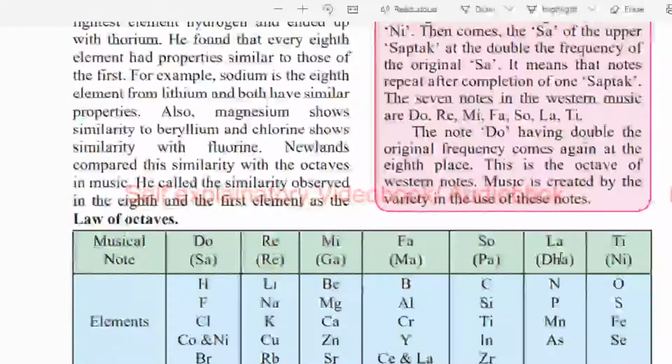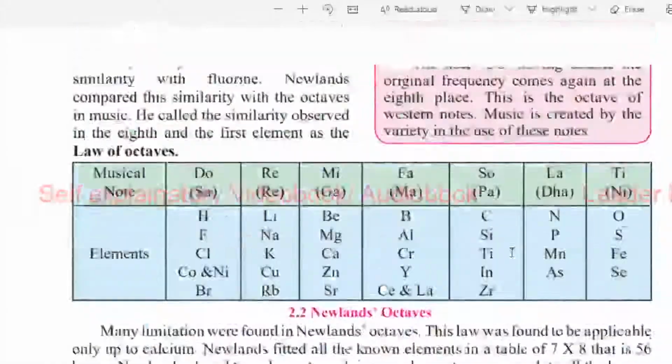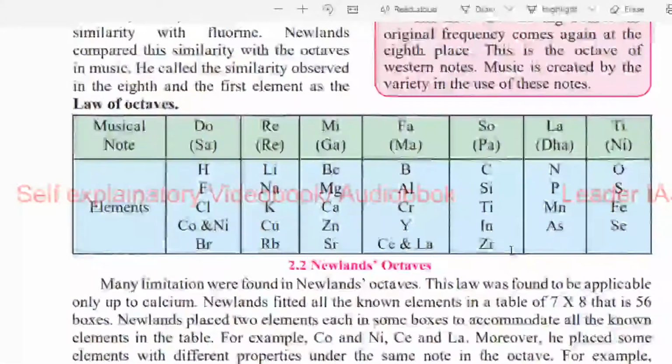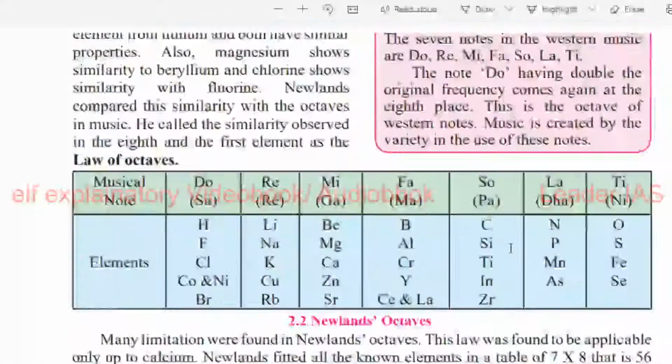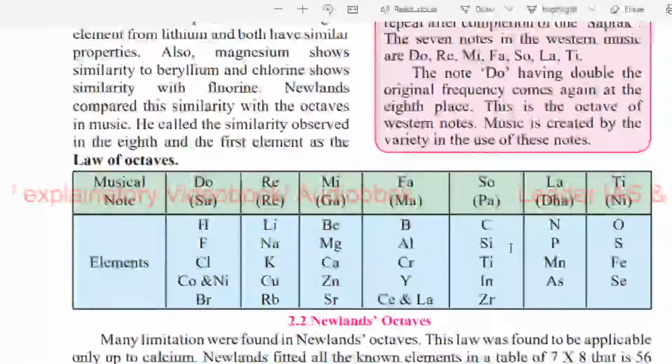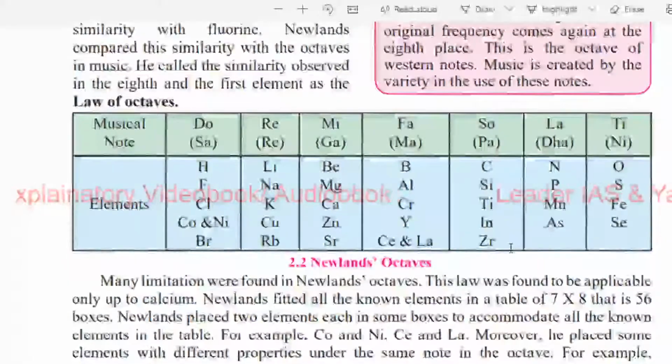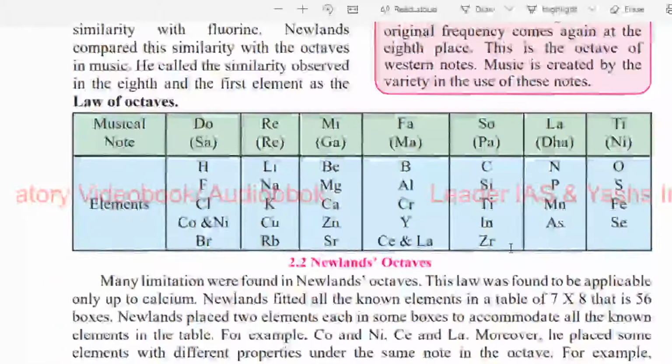He called the similarity observed in the eighth and the first element the law of octaves. See, in the picture, there is a chart of Newlands' octaves.